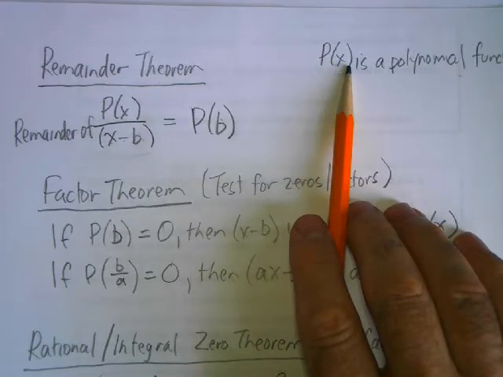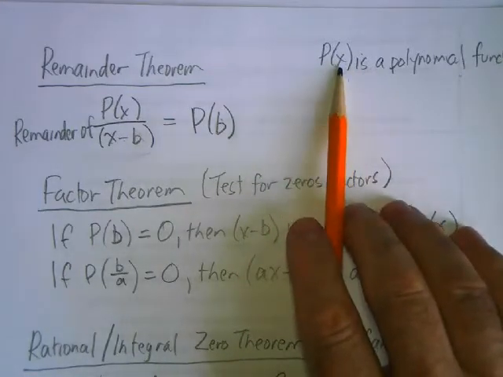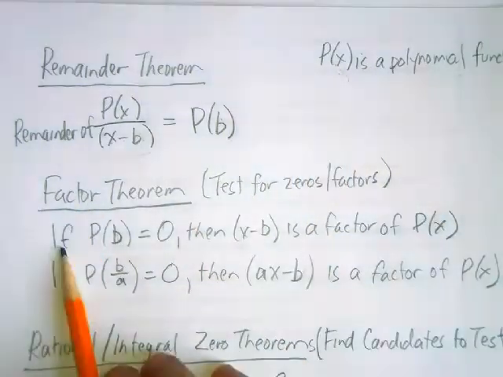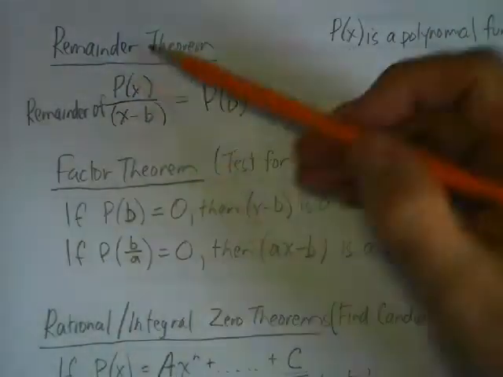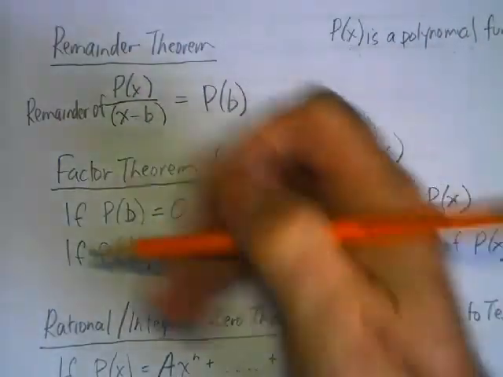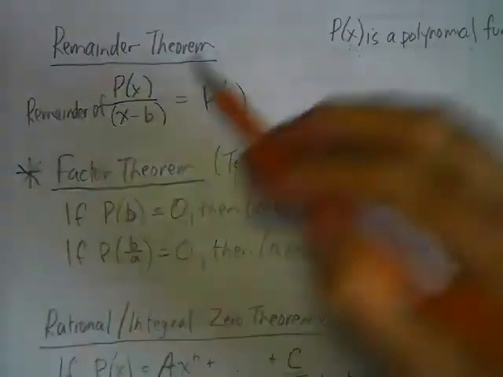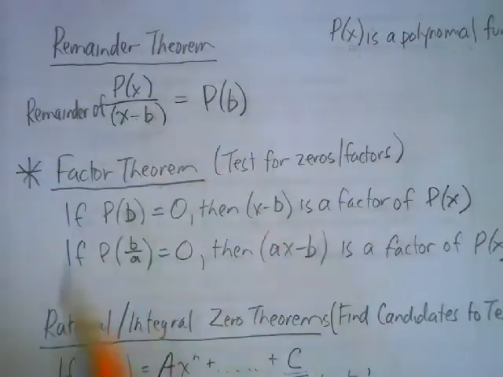So that may not be that interesting in most cases, but if we find that the remainder is 0, if p of b is 0, then we go down to this theorem that's actually much more useful. So the remainder theorem basically creates this factor theorem. So from now on, this is what you'll be using, but you kind of have to know this in order to get this, okay?